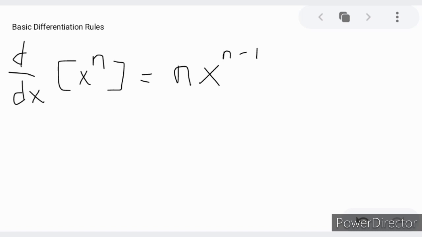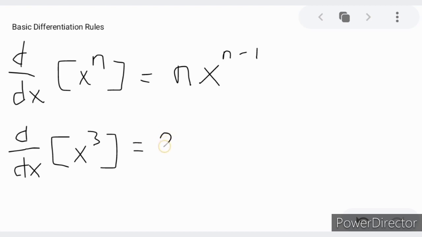And for us to understand this general expression, let's proceed to some examples. d over dx, or the derivative of x cubed. So we apply the general rule. The n here is 3 times x raised to 3 minus 1, which is equal to 3x squared.